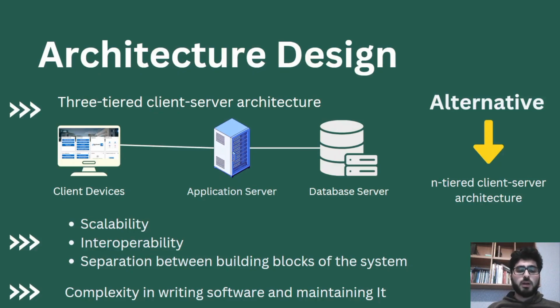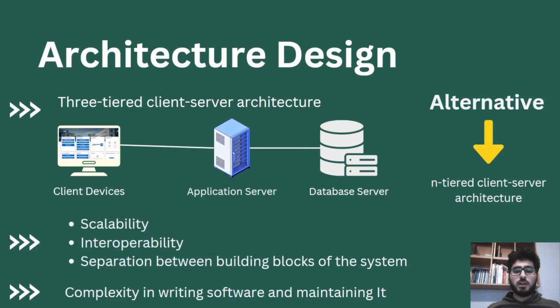Between two-tier and three-tier client-server architecture, there was a trade-off we made. Adding this additional database server layer will, as a result, create complexity in developing that software and maintaining it. However, because of those advantages, it was worth taking that risk. And there was also another alternative, which is n-tier client-server architecture.